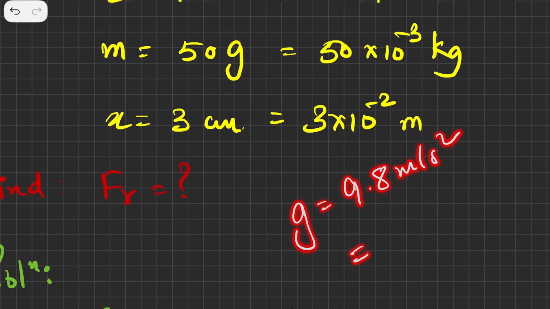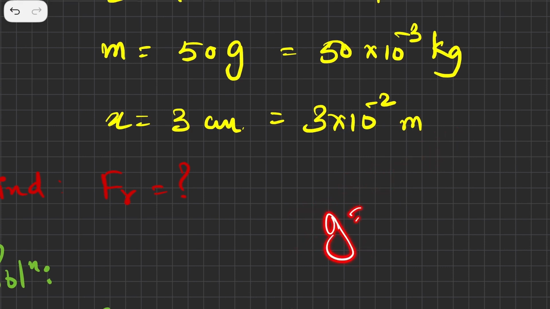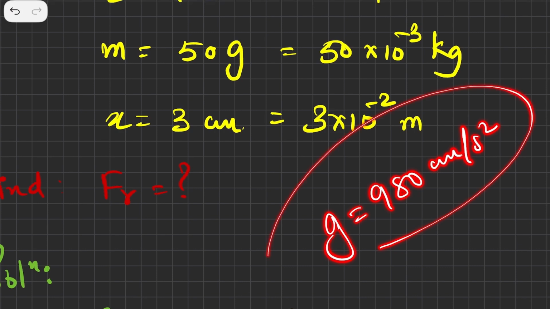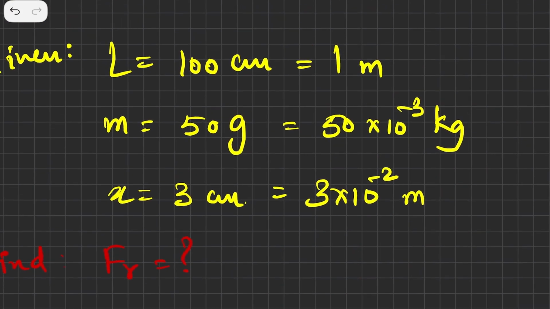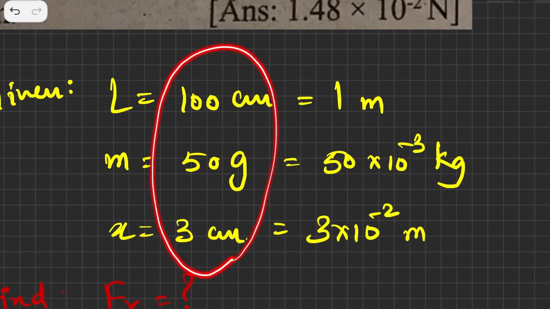In case you are putting that in CGS, make sure that you put the value of g as 980 centimeters per second square. Many people might miss out on this part and they will really struggle with the problem. But if you are familiar with working in CGS, then keep this in the same system and put the value of g as 980 centimeters per second square.